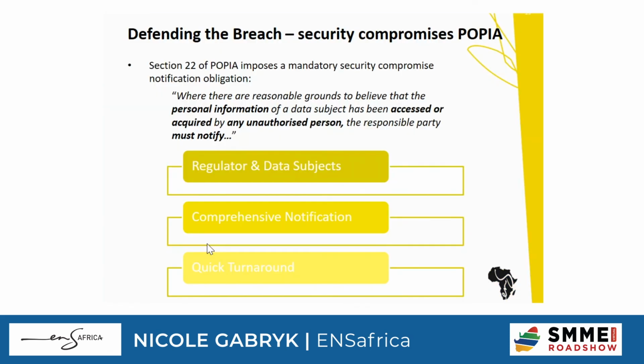Finally, the last topic we're going to cover is data breaches, or better called security compromises. Now, very importantly, we tend to think of data breaches as being sophisticated cyber events, hacking and ransomware, interception and encryption of emails and servers.